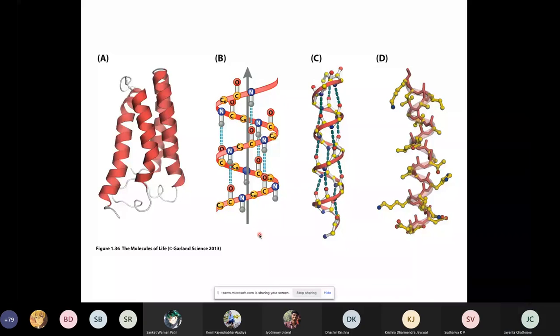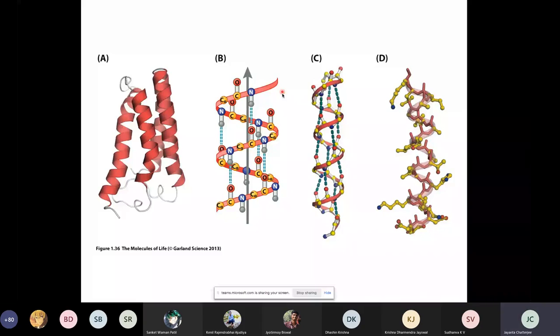If there are 10 residues which encompass approximately 3 turns, in that case the 10 residues will encompass 4 turns instead of 3. So that helix becomes a little elongated, and those helices are called 3-10 helices.